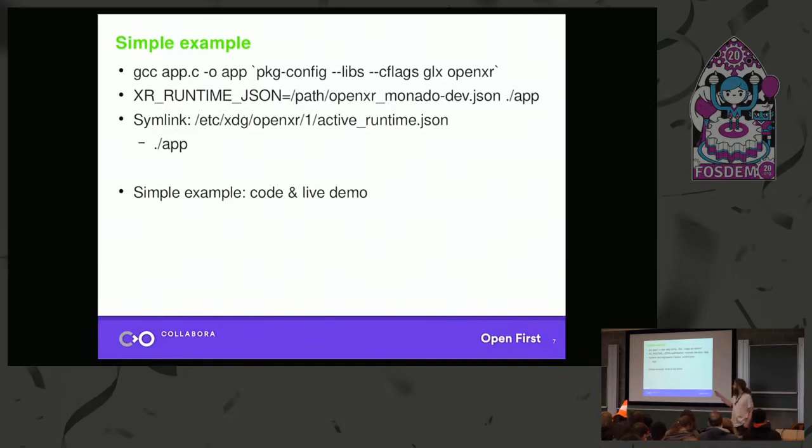And for running this application, either you give it a JSON file that describes which runtime should be used, or there's a mechanism where the active runtime JSON can be installed system-wide, and then you just start the application and everything happens automatically.